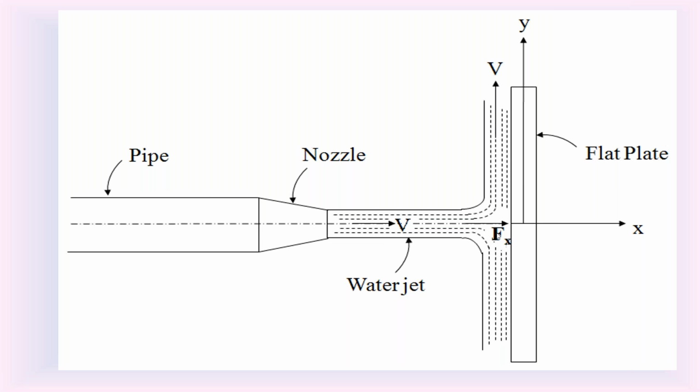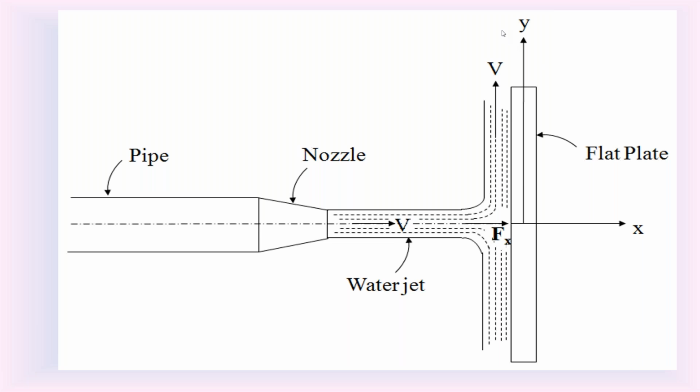Here, the initial velocity of water jet in the direction of force Fx is v. Because force Fx is horizontal, the initial velocity v is also horizontal. Both are horizontal. Check the diagram. Since both are horizontal, the initial velocity of water jet in the direction of force Fx is v.